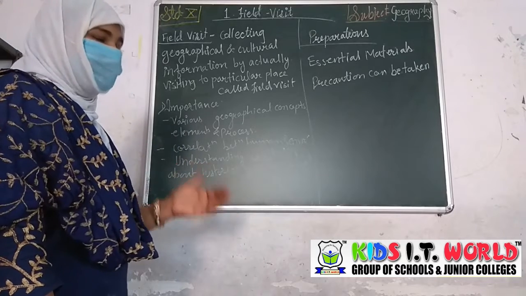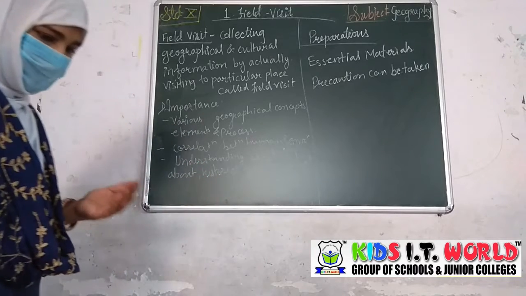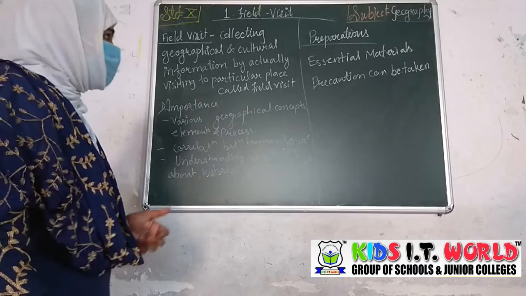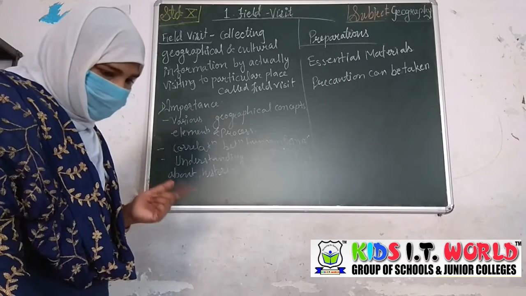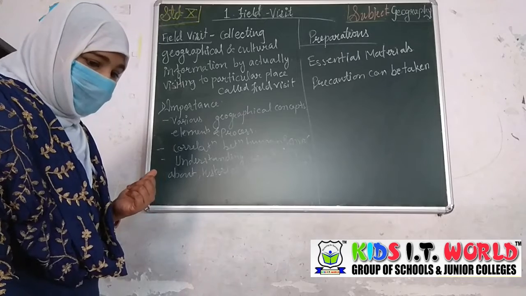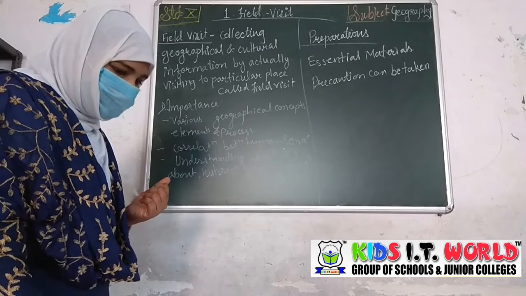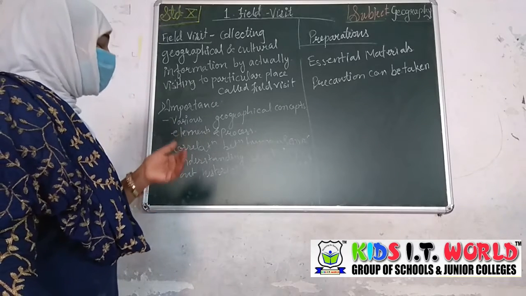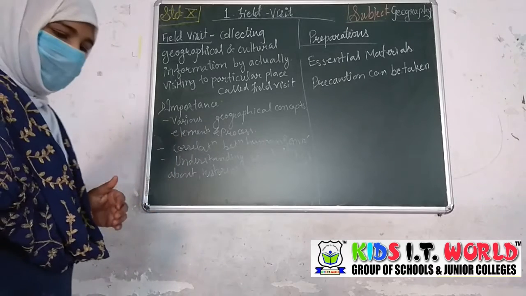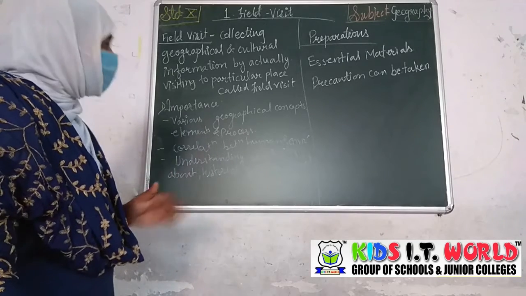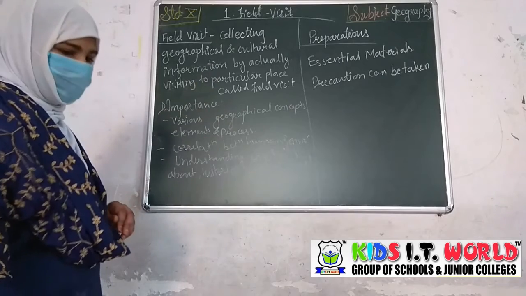If the place needs any kind of document, letters or permission, you have to collect it first and then wait for the field visit. Then prepare the questionnaire, for what kind of information you want to collect from that place. In that way you have to prepare yourself for the field visit.